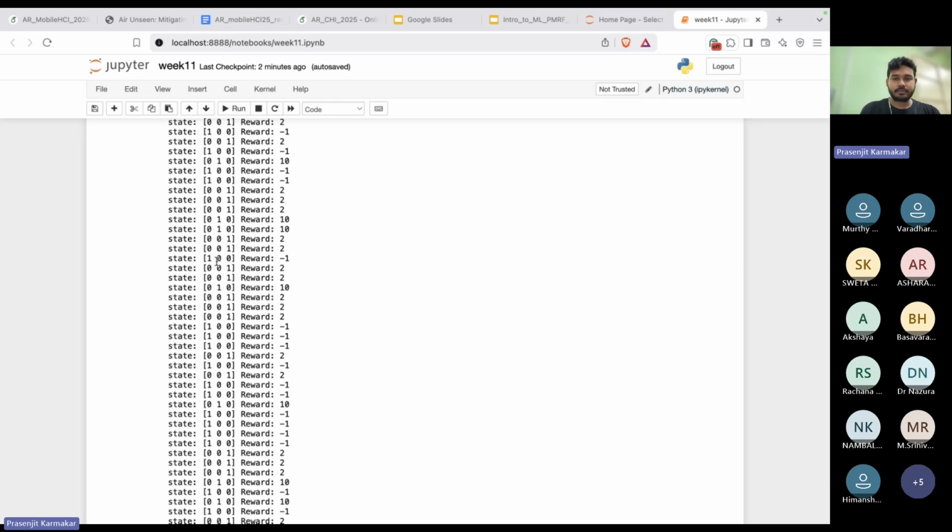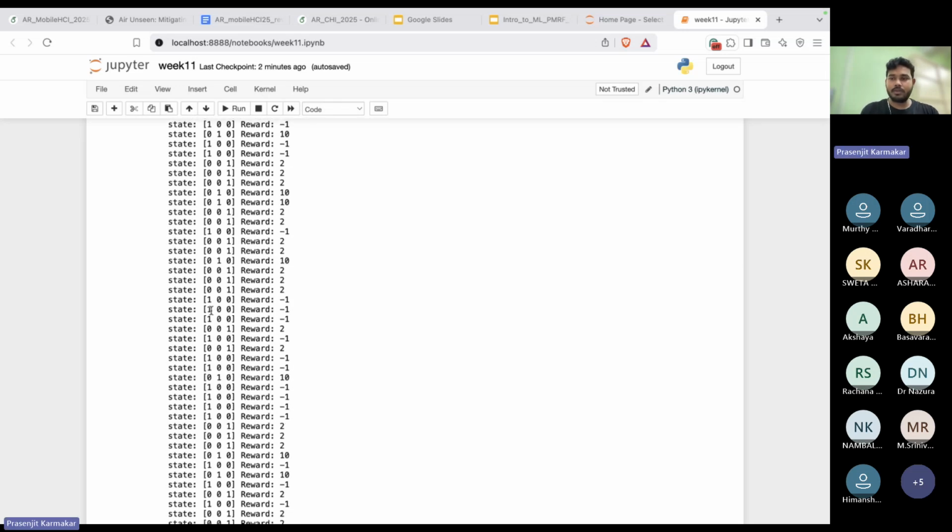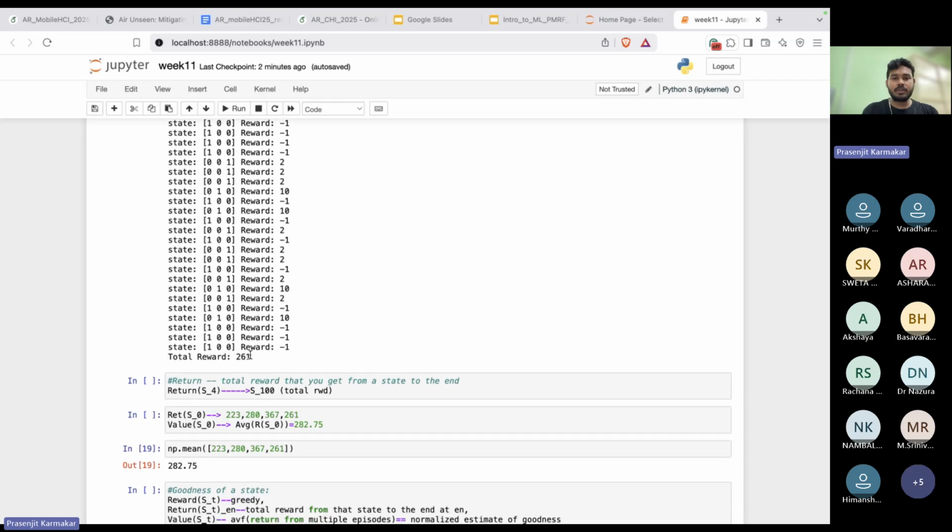Now, what is value? From a particular state, you can have multiple possible trajectories, multiple possible Markov chains, right? If you take a probabilistic average across those Markov chains, that gives you the value. So on average, how much is the return from a particular state? That's what is called value, right?